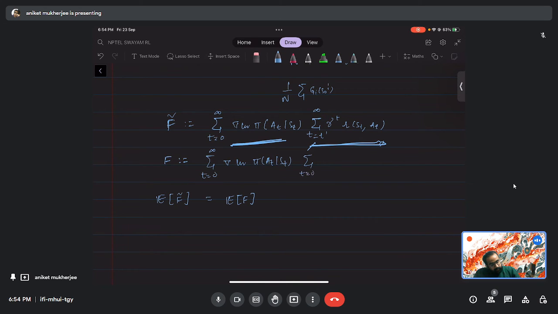Summation t equal to 0 to infinity. So this is basically your G. Your trajectory, whatever the sample, this is your total reward that you're getting given a policy, and you're sampling from the trajectory. Given a trajectory, what is the total reward you're getting? Discounted reward.